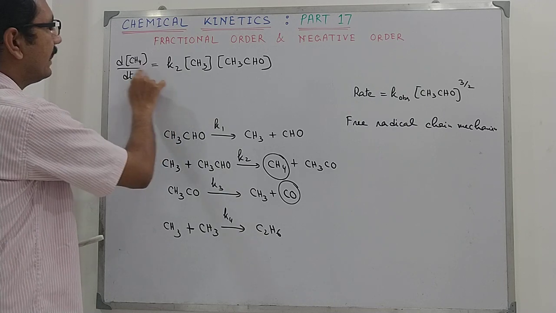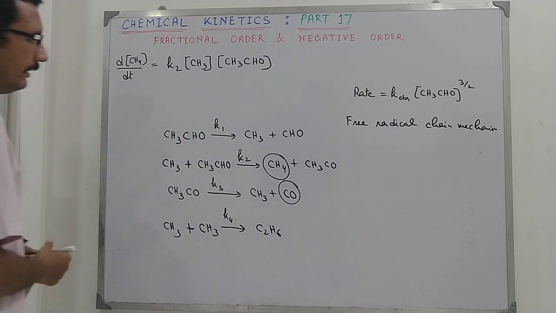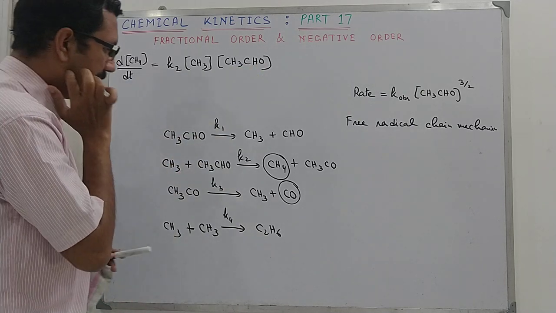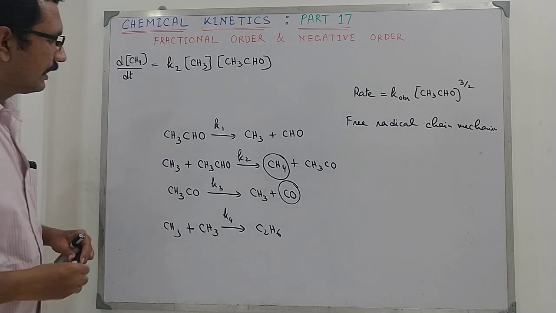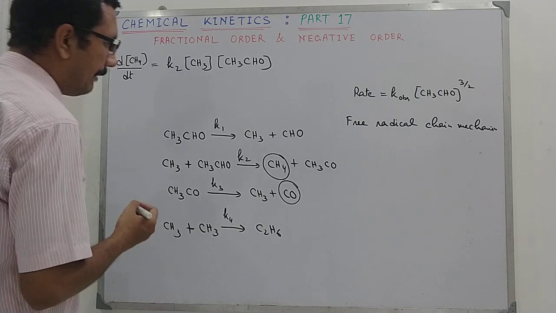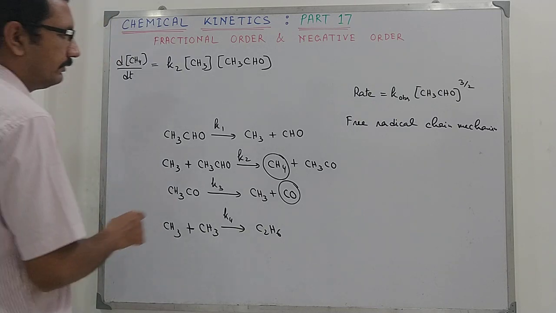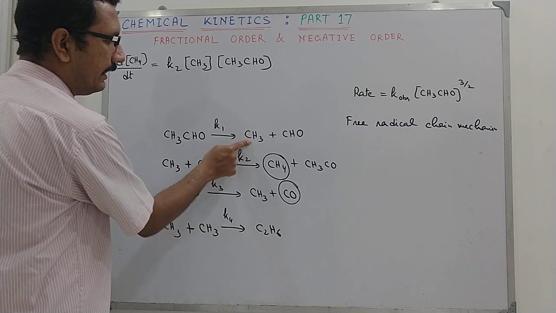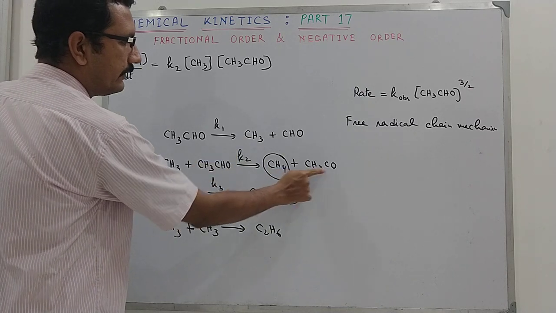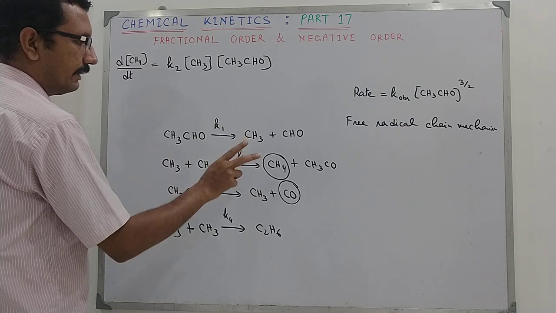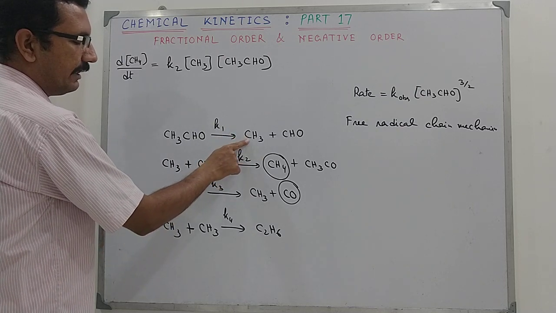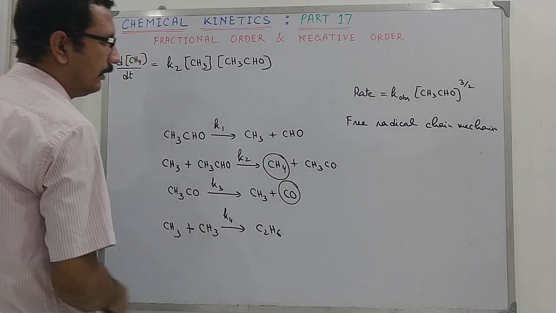Unless you have it, you cannot have the rate expression. Now to have it, we will use the steady state approximation which I have introduced you. Now we will apply steady state approximation to this methyl radical and this CH3CO radical. See, only two intermediates are there. One is this methyl radical and this CH3CO radical.